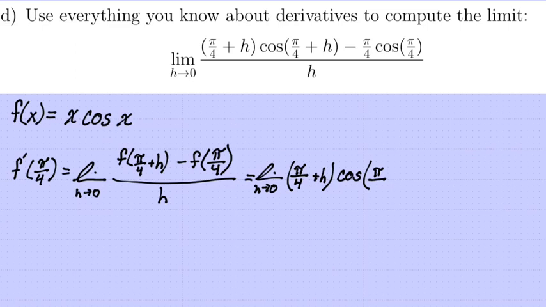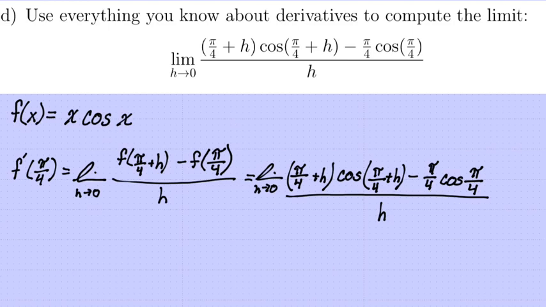So that's f of x plus h minus f of x all over h.